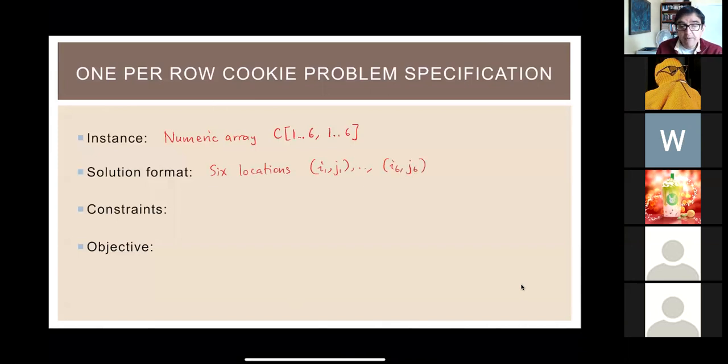The constraints now are different. We don't just insist that the locations be different, but that the rows are different. So I1 through I6 are all different. So they're all different rows, but the objective is the same. We want to maximize the sum of the total amount of cookie that we're getting.